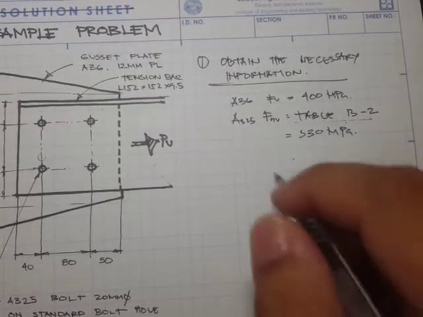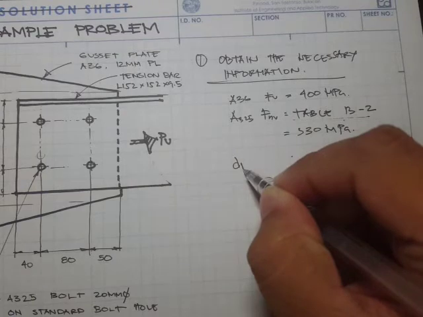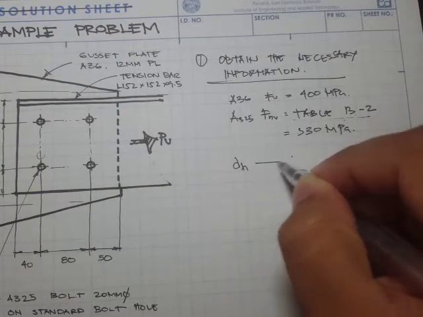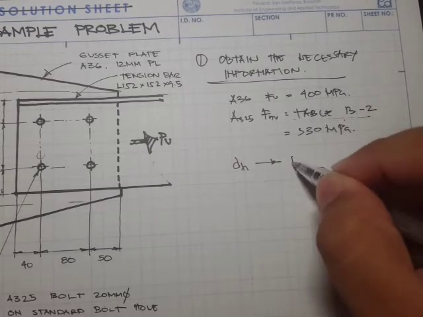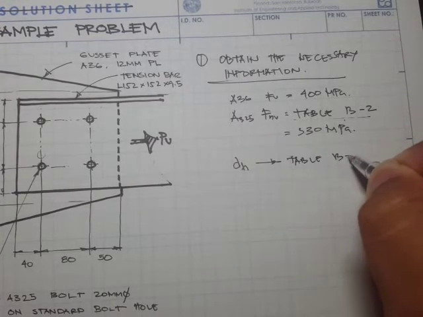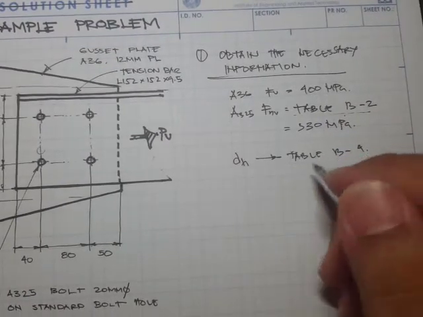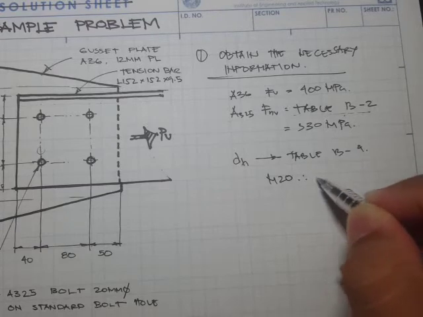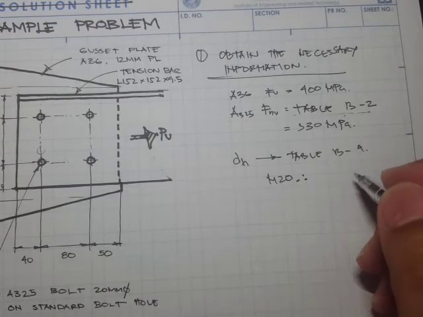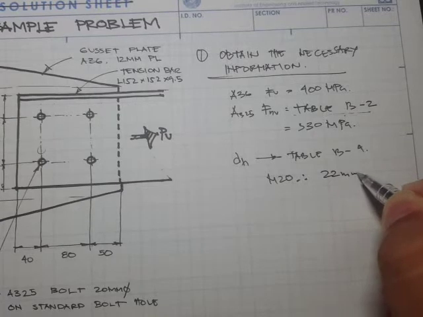And the next one is the diameter of the bolt hole. For this, we have to refer to table 13-4, and since we have a bolt of M20, our standard size is 22 mm.